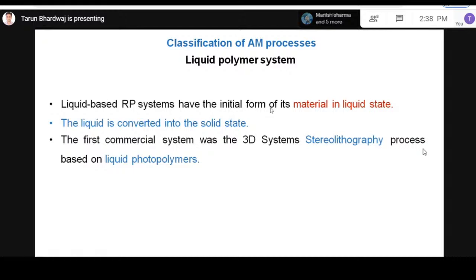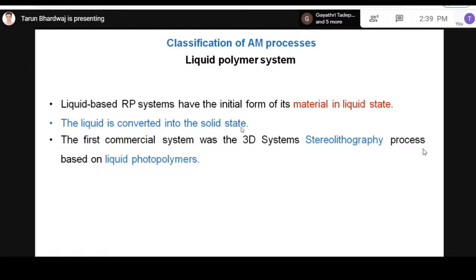And when we talk about the liquid polymer systems, a liquid-based RP system has the initial form of its material in the liquid state, but by using some photopolymerization, the liquid is converted into a solid.